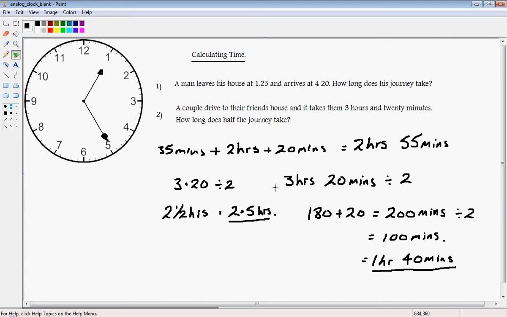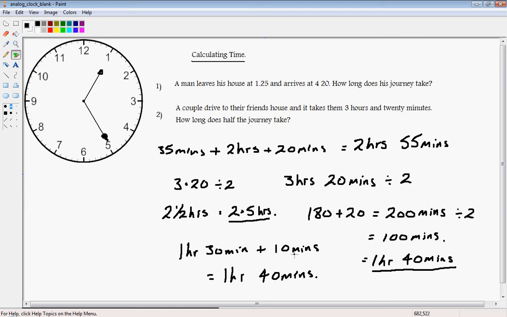Now you can do it the other way, which is half of 3 hours, which will be 1.5 hours, or 1 hour 30 minutes, plus, don't forget, half of 20 minutes is 10 minutes. So 1 hour 30 minutes plus 10 minutes would again give us 1 hour 40 minutes. So you can use either method.